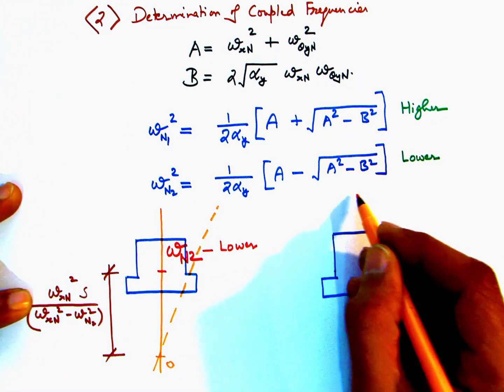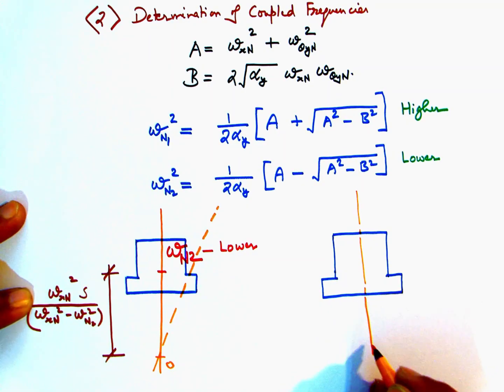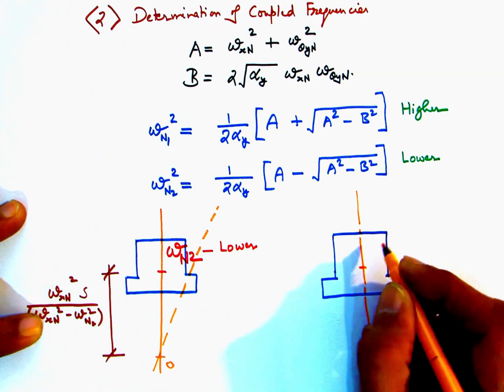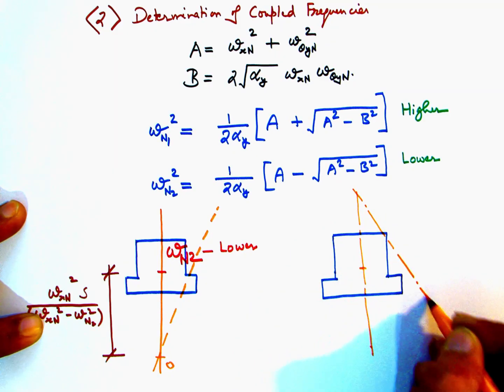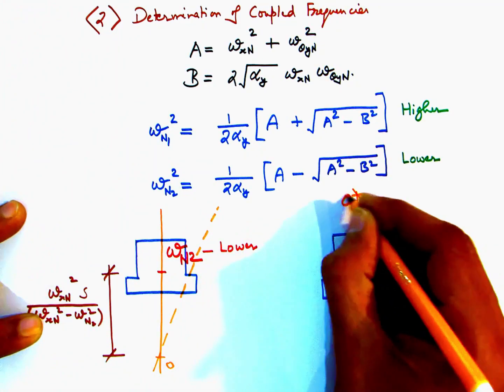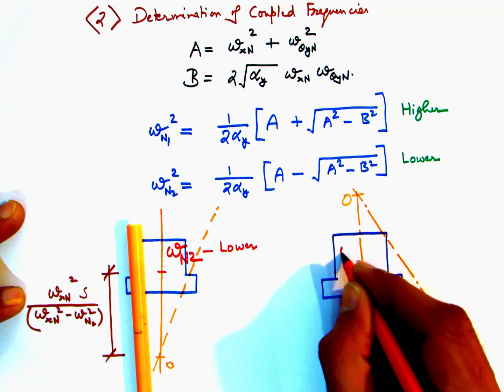Similarly, for the other mode of vibration, the center of rotation is located somewhat above the foundation system. So for this particular case, the angular frequency is omega n1 and this is the higher one.